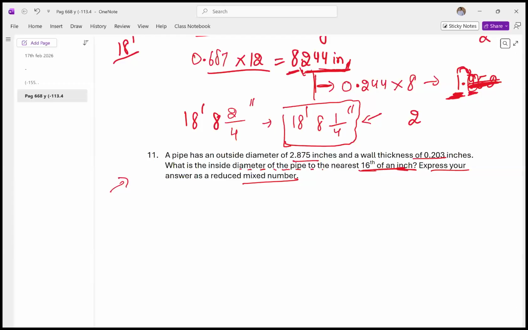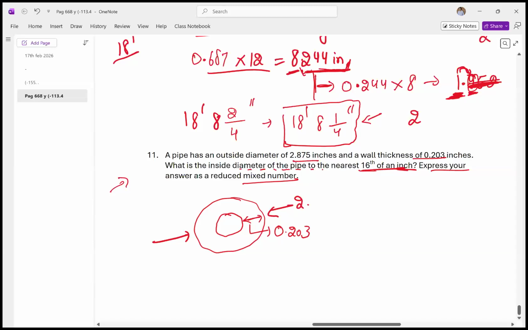So again, if this is a pipe, and this is the internal diameter, this is the thickness of the wall. Thickness of the wall is 0.203, and the outer diameter of the pipe is given to me as 2.875. So I have to subtract the thickness twice from the outer diameter.